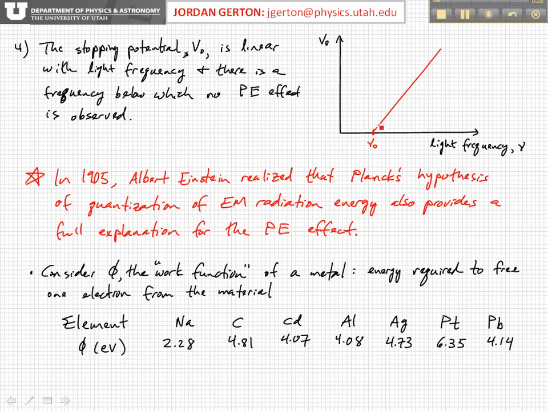In particular, how does this help us understand, for example, this threshold frequency below which, if the light has a frequency below this, we see no photoelectric effect?